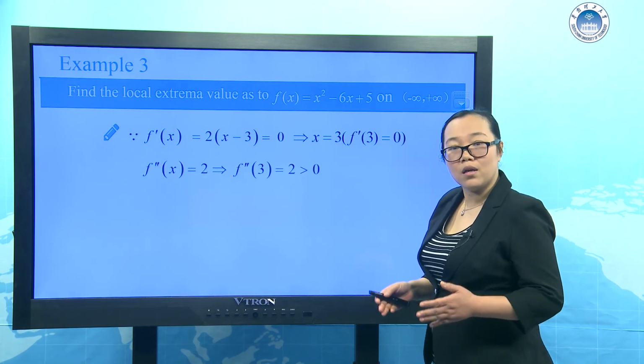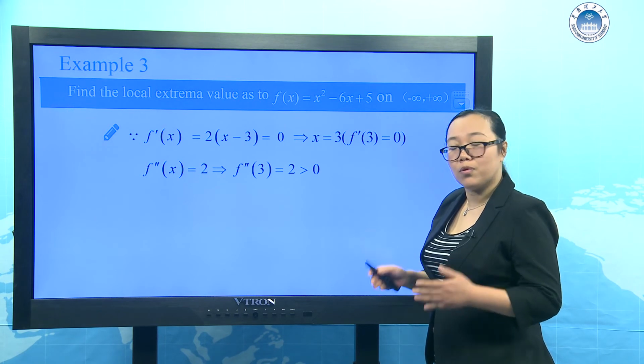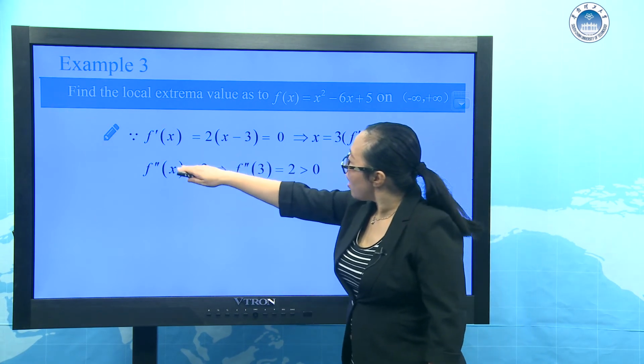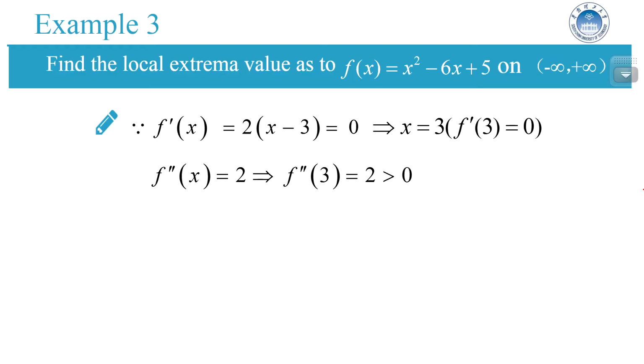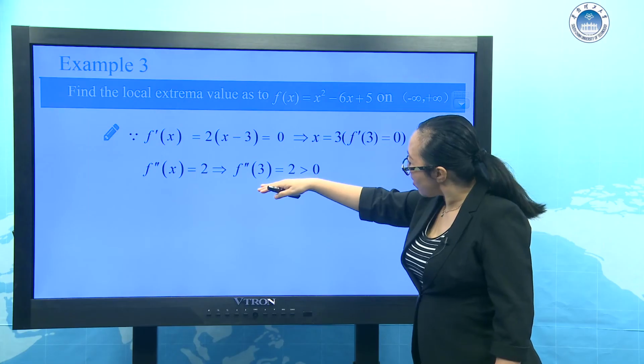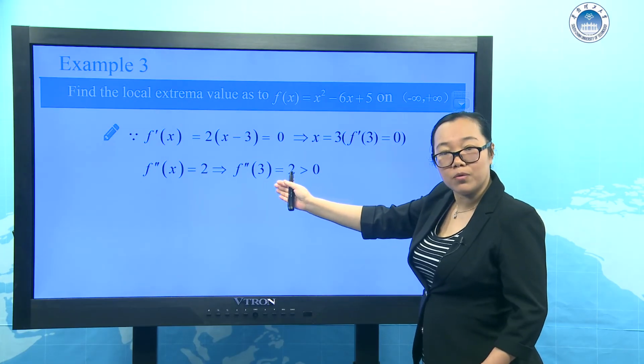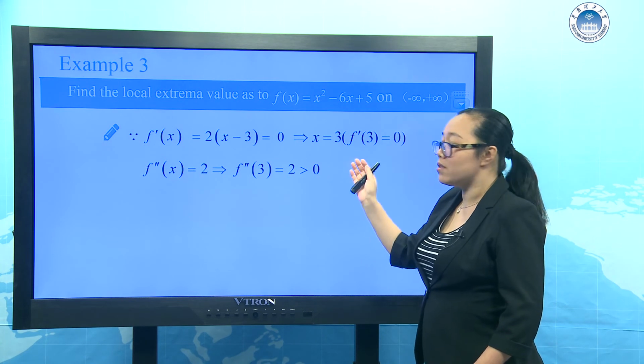Determine the sign of f double prime. Look at this. F double prime x from here equals 2. This means at every point the second derivative is always a positive number. So f double prime at every point, of course at the point 3, equals 2, greater than 0.